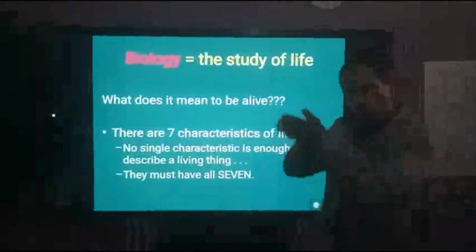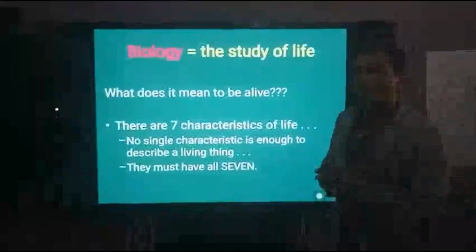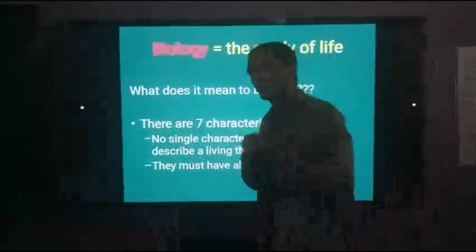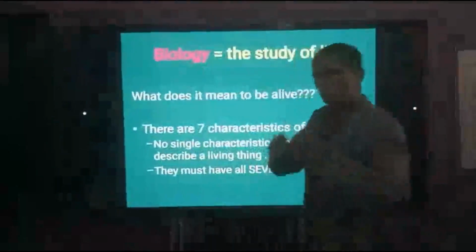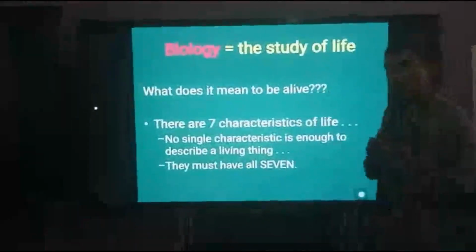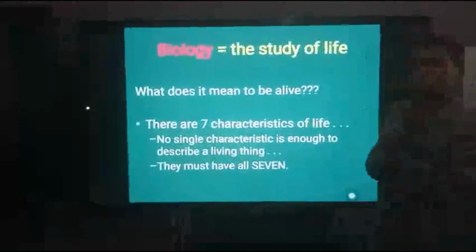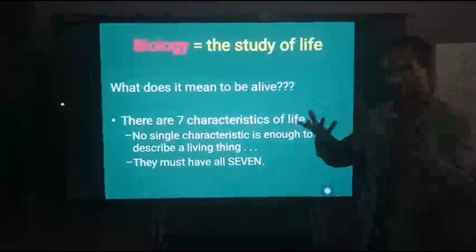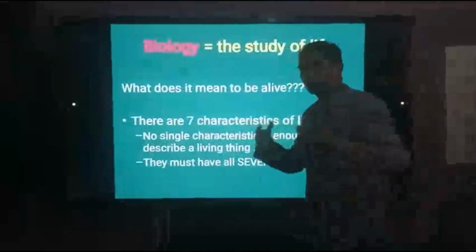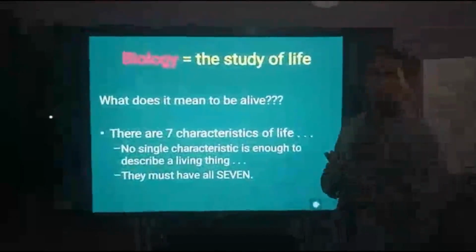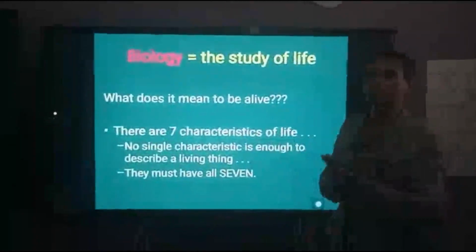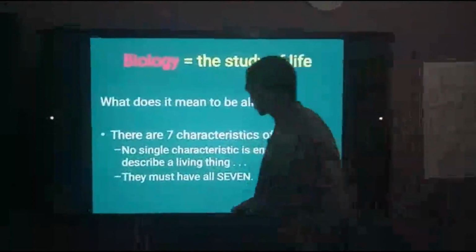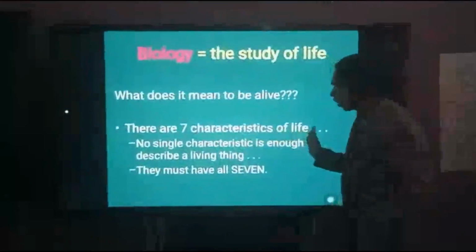So according to biology, scientists have proposed seven major characteristics of life, because those seven characteristics determine life. If something has those characteristics, then we consider that matter a living thing or living object. So you can see there are seven characteristics of life.